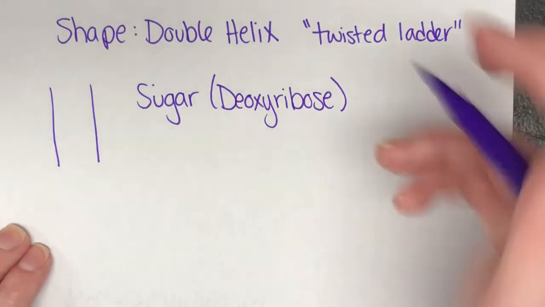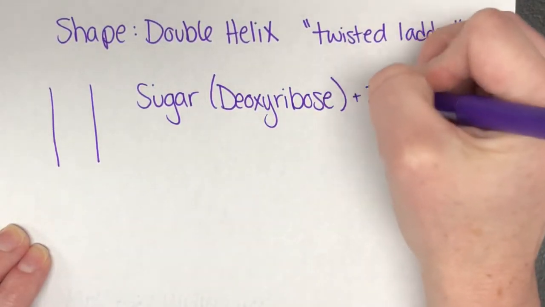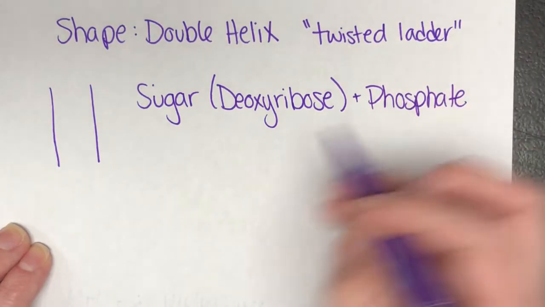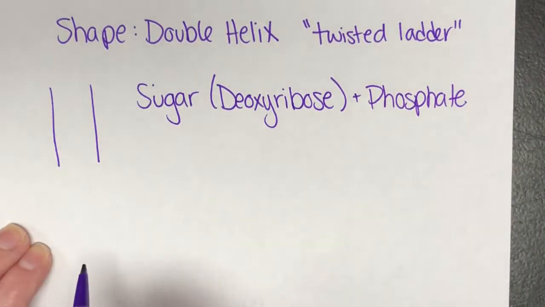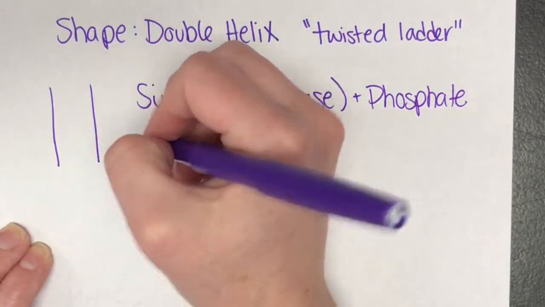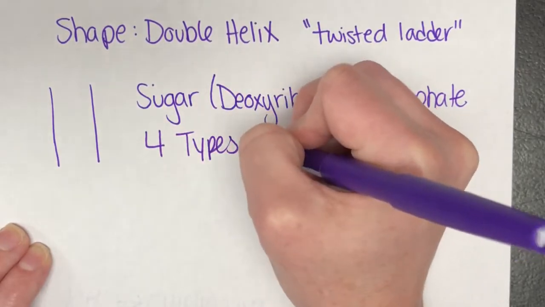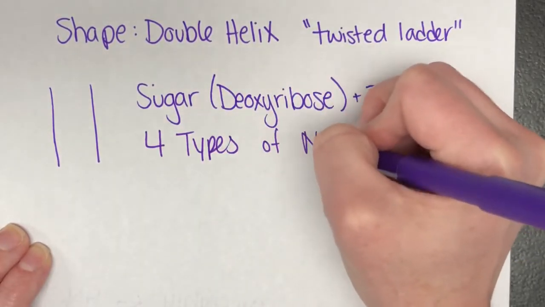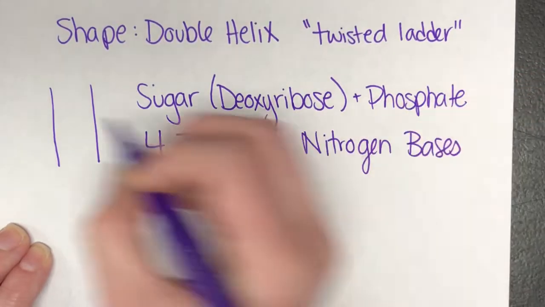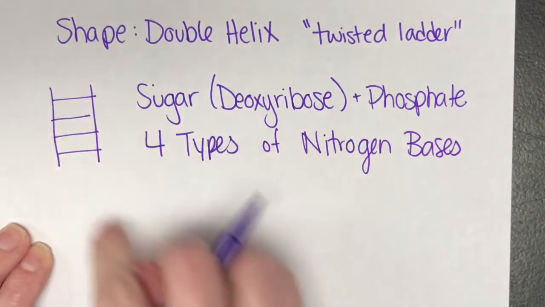So, alternating deoxyribose and phosphate molecules. Okay, that's the sides of that ladder. Inside, we have 4 types of nitrogen bases. And these are the rungs of that ladder.